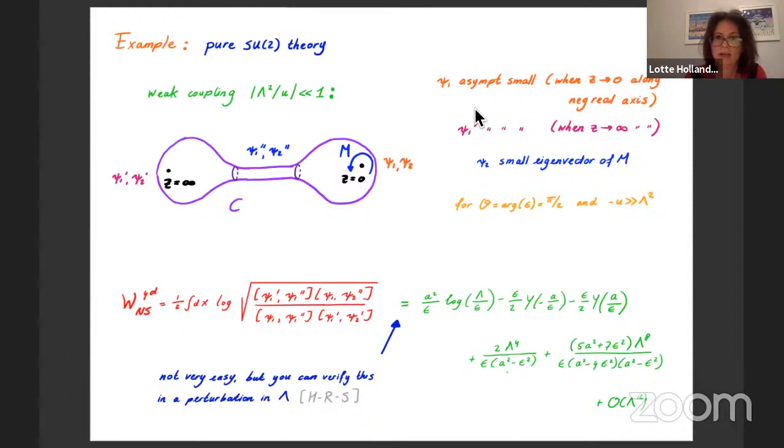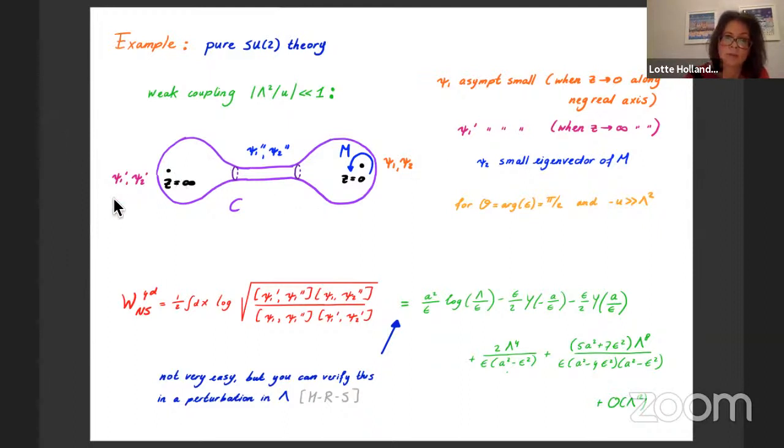Namely, we basically divide this twice punctured sphere into three regions, and in each of them, we define a basis of solutions. So the solution psi1 would be asymptotically small in this region, that is, if z goes to 0 along the negative real z axis.